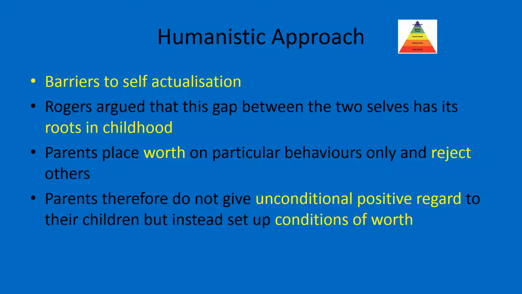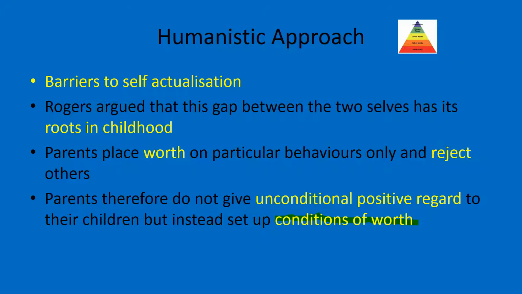Rogers said that they have their roots in childhood, and we have the idea here of conditions of worth. Okay, so a condition of worth is anything which has been said to you, done to you, etc., which gives an indication that you are only acceptable if you do certain things, and you are not acceptable if you do other things.